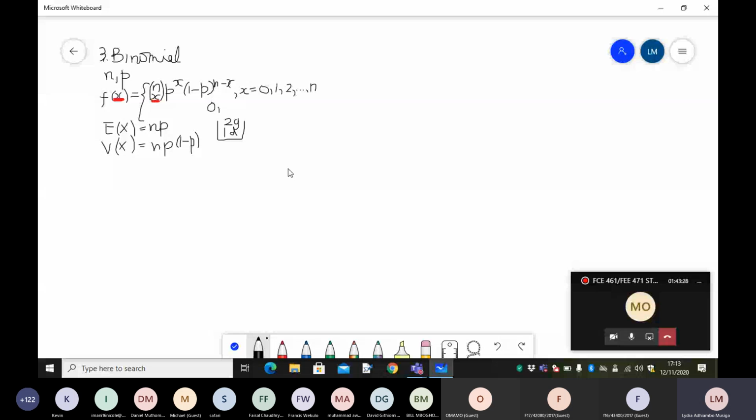First and foremost, we need to get the PMF for X. So you see, how many boxes do we have? There are 4 of them, 4 boxes. That is just one. So these are repeated Bernoulli trials.